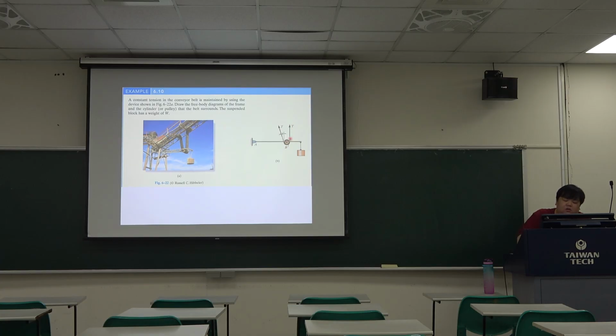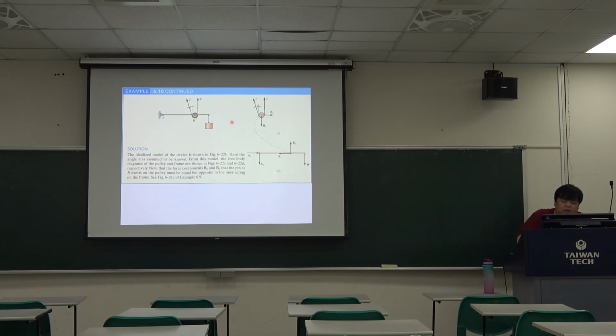So we have a tension force at this swing, and these two parts have the same tensile force. We also have one block, and this block has a weight. So we need to draw a free body diagram of two objects.